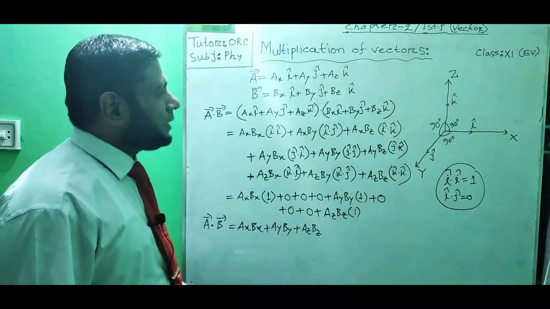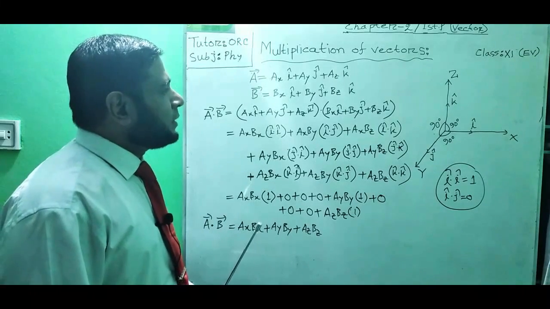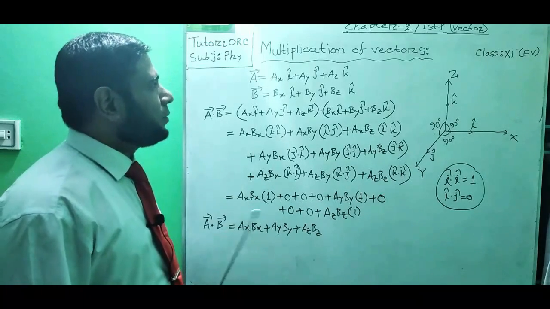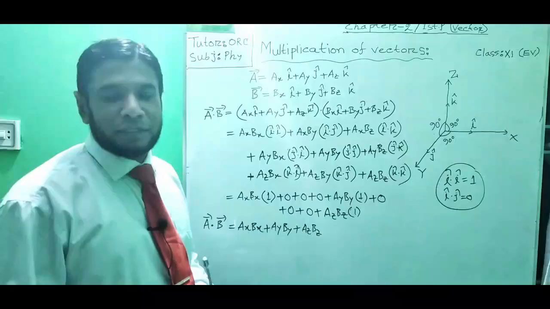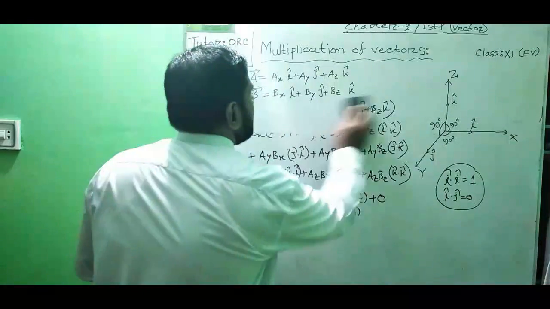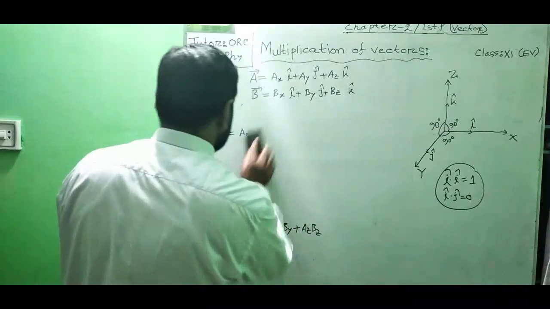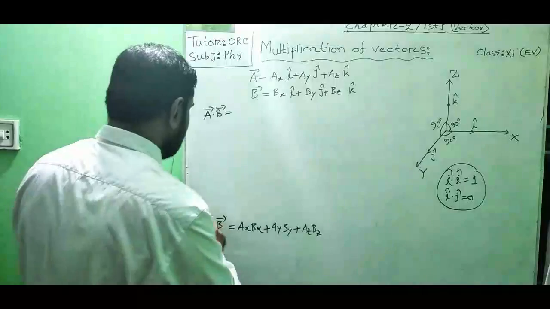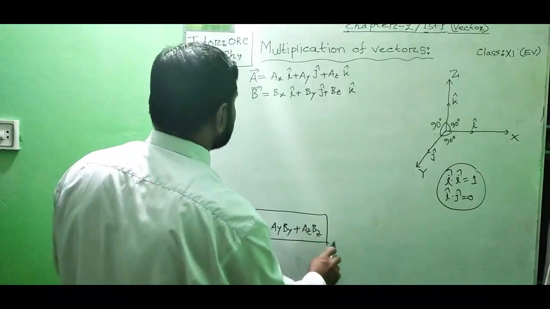Let us apply it in a particular case and see how we can find the value. If the given values are constants, how can we multiply two vectors? Now we will discuss this. We will remember this line as a formula or law in case of the dot product.